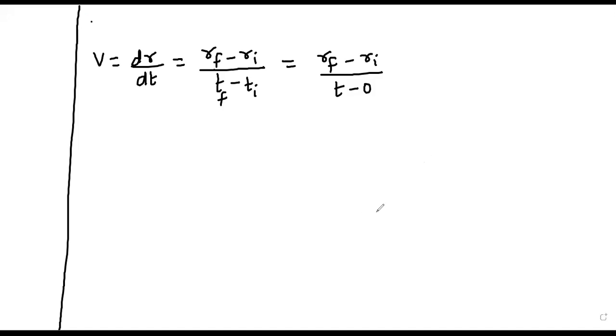Then, to find velocity, that is dr by dt, we have a mathematical tool called differentiation.